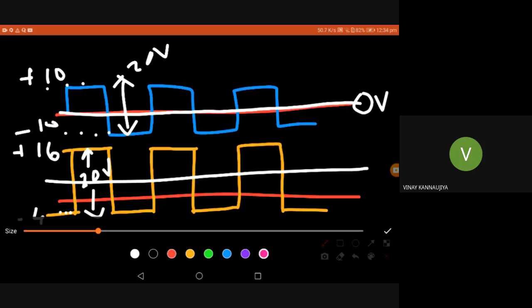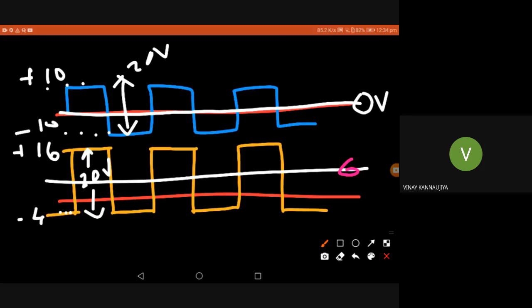So I shifted up by 6 volt. I've clamped the input to plus 6 volt. So this is the clamper. So that's it. Any doubts, anyone? Anyone has any doubts regarding the clamper circuits?